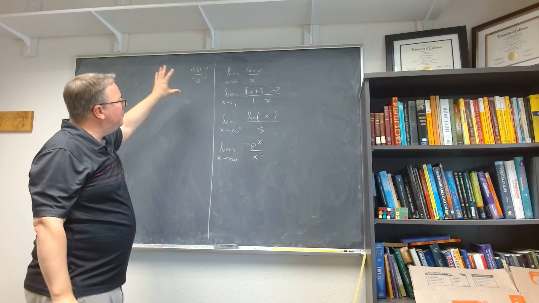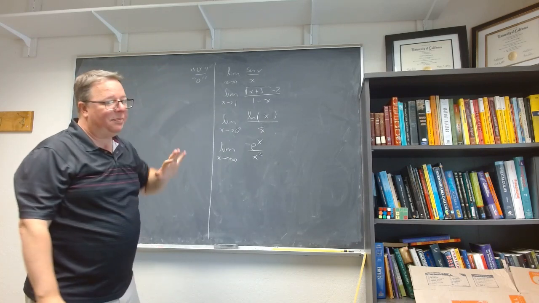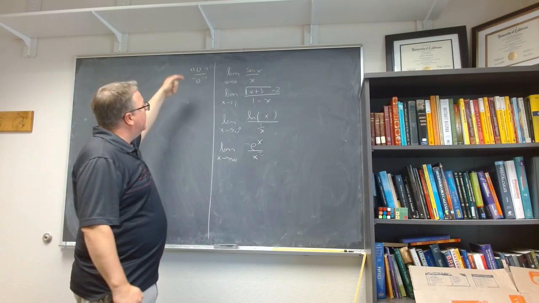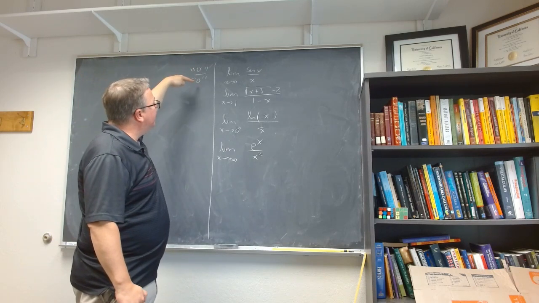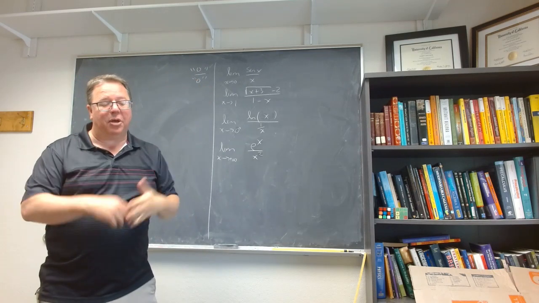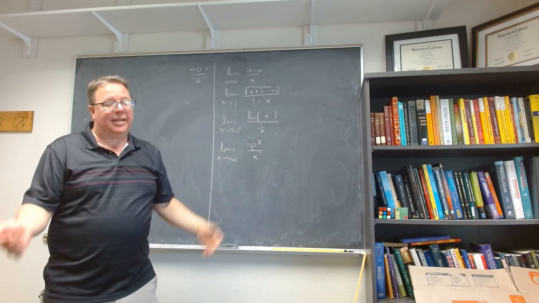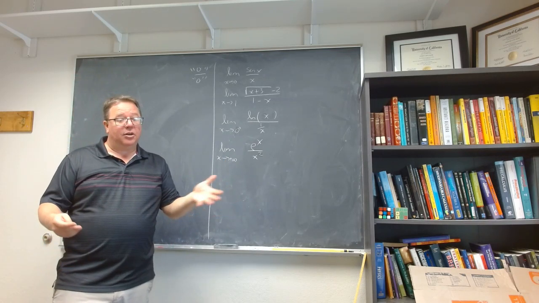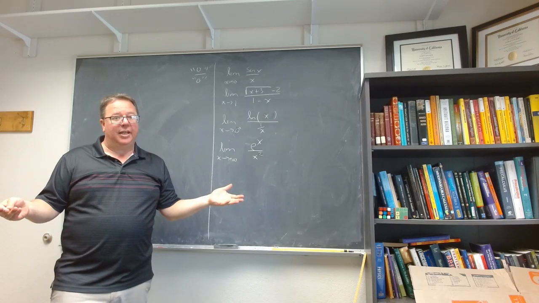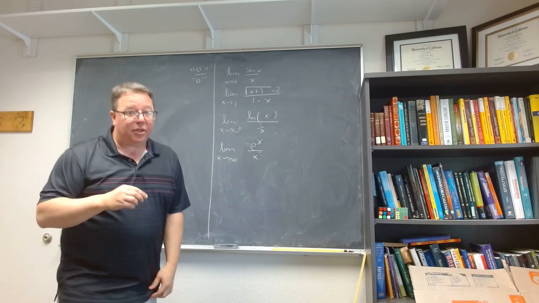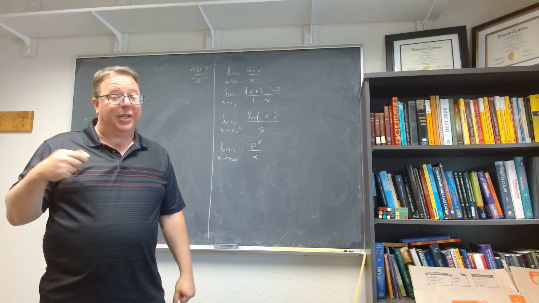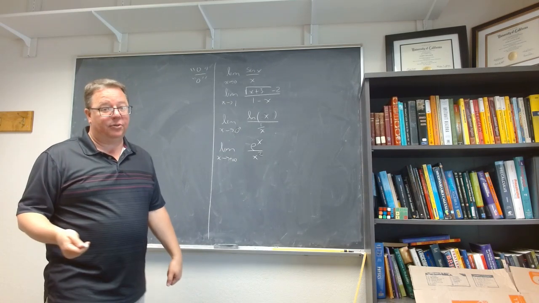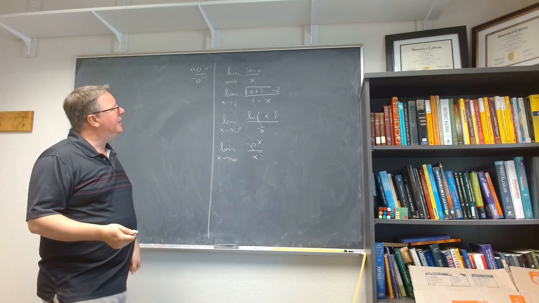I'm putting quotes because we're not allowed to divide by 0, but we have no idea what's going to happen because the top says it's going to 0 and the bottom says because you divide by 0 it's going to blow up. What happens? And the answer is anything could happen. It could go to something, it could go to 0, or it could blow up to infinity. And there are examples of all three of these things happening. So we need a different tool to help us decide what it actually converges to if the limit does exist.